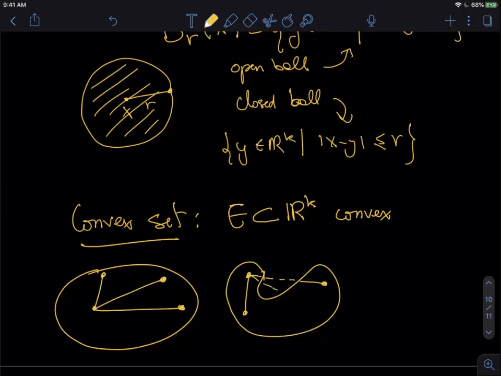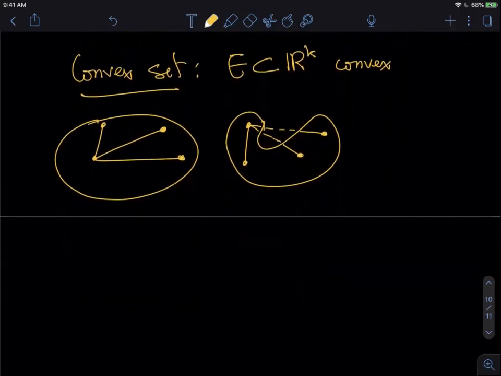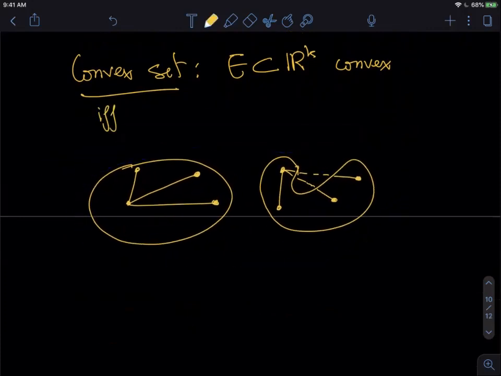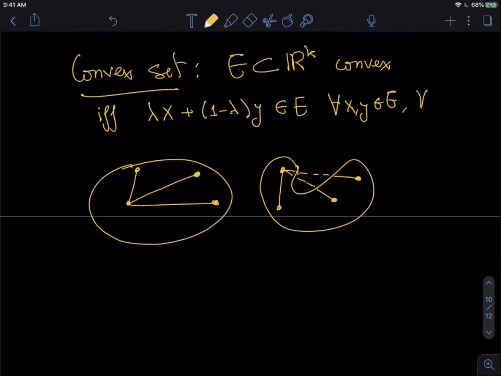Sometimes when I try to throw a line between 2 points, part of the line will fall out of the set. So we need to mathematically describe this. And the way we describe this is that the set is convex if and only if lambda x plus (1 minus lambda) y belongs to E for all x, y in E and for all lambda in (0, 1).